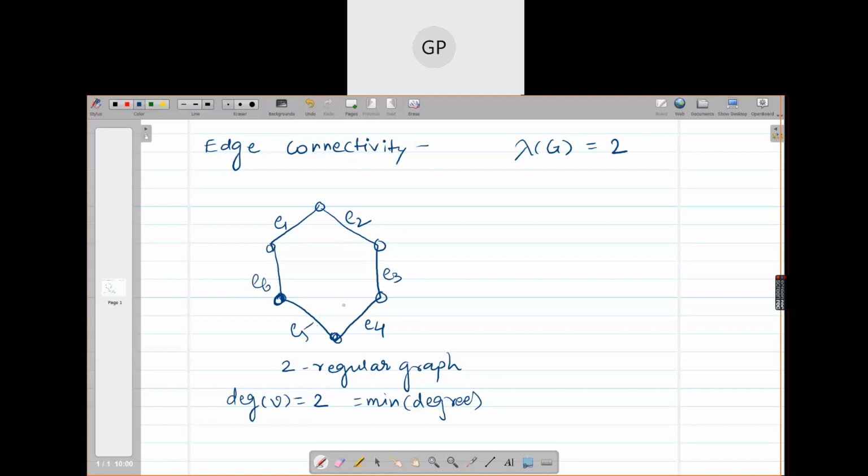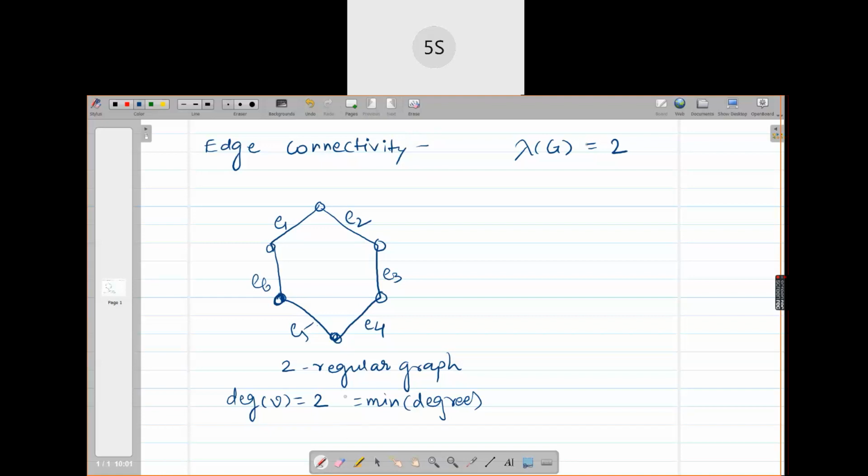But I have to delete more than one edge at a time to make the graph disconnected, and that number is 2 here. Is that clear?